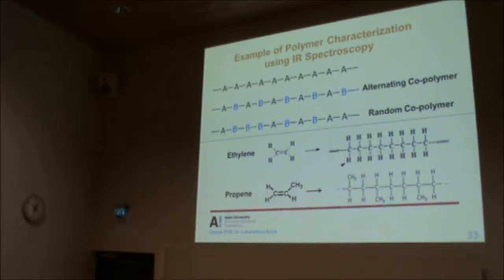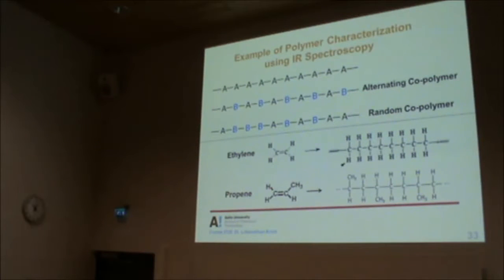For that, let's recall what a polymer is. If you take a monomeric molecule and attach it head to tail and continue the reaction, you end up with a long chain polymeric molecule. We are considering only linear polymers. Now let's say instead of just one monomer, you have two monomers, and here the monomers are perfectly alternating: AB, AB, AB.